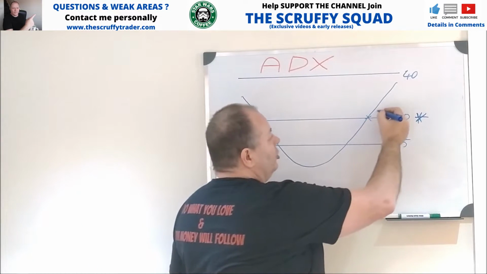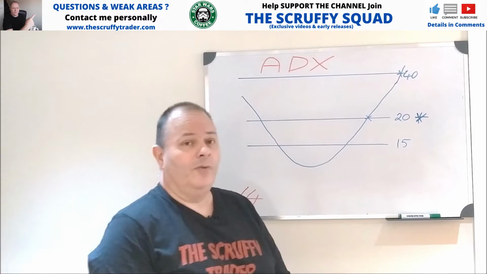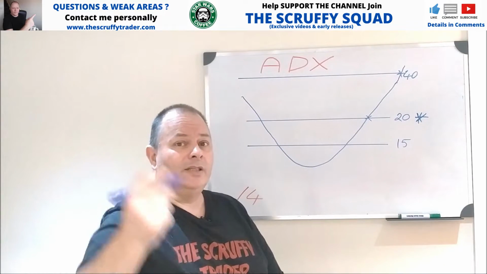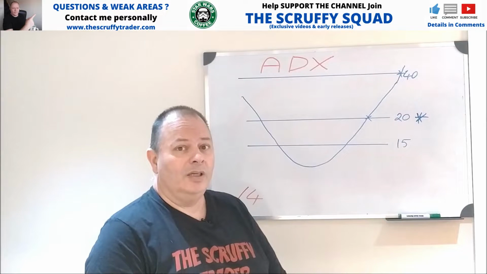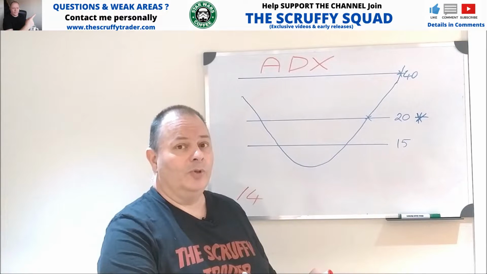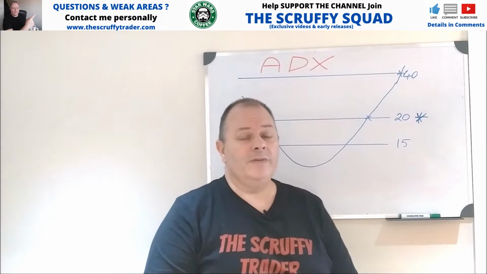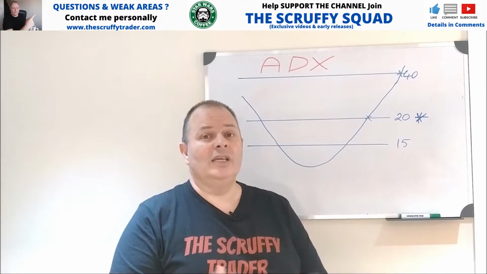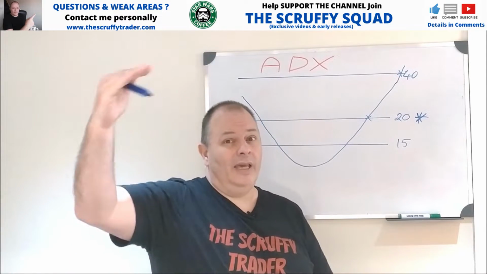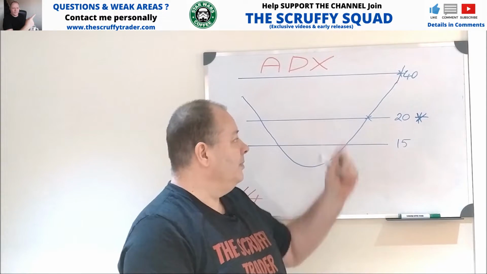And then you'll hold your trend right the way up to the 40. And when it gets to above the 40, you're kind of looking to get out because the trend is going to come to an exhaustion point. Okay? It can run up to 50 and 60, but think of it like the RSI. When it's up there, you know it's not going to stay there for long. Similar principle.